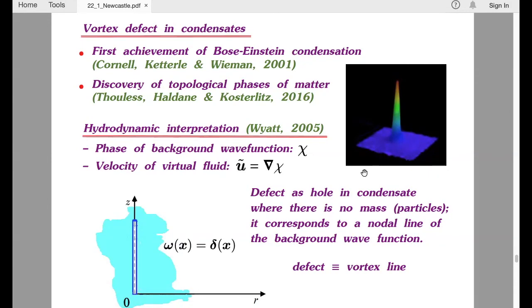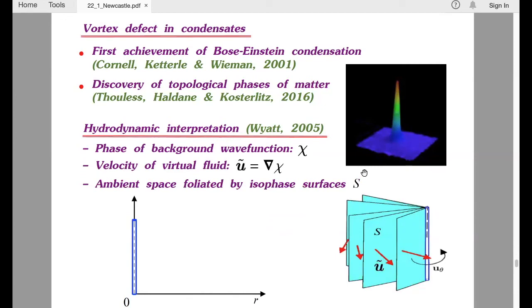I'll visualize it as a very thin cylinder just to keep track of this nodal line. And indeed, we can think of vorticity now as a Dirac delta function. So we identify a defect with a vortex line in a mathematical sense. It's just a Dirac delta function.